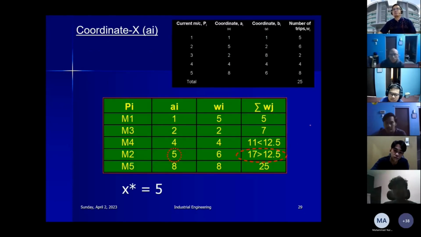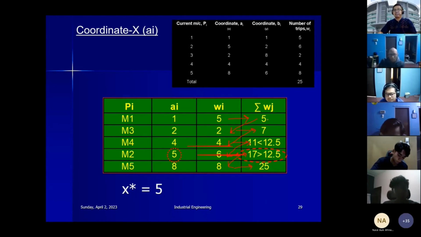Based on our new coordinate X, AI, arranged from the lowest value to the highest value, look at the total WJ. How do we get WJ here? 5 represents 5. 5 plus 2, we get 7. 7 plus 4, we get 11. 11 plus 6, we get 17. 17 plus 8, we get 25.